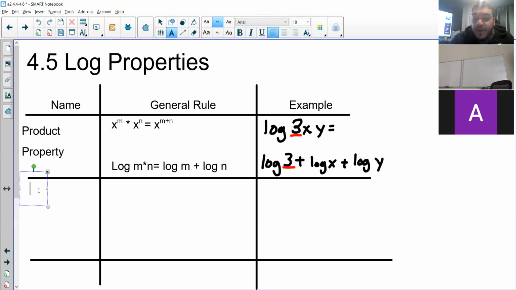Okay, we have our next rule. If we just did products, the natural progression is to do the opposite of products, which is quotients, or division. Again, I'm going to show you first with exponents, and then I'll show you the logs.